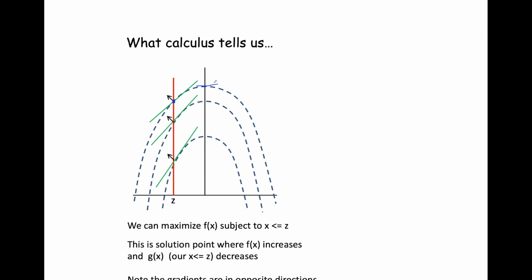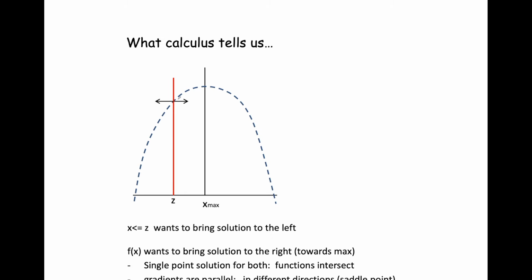So essentially that constraint wants to take our gradient and pull it down, down, down in the left-hand direction. And so one of the gradients for maximizing the unconstrained problem for the function wants to pull our solution to the right, and the other force in play, our inequality constraint, wants to pull our solution at the same time to the left.